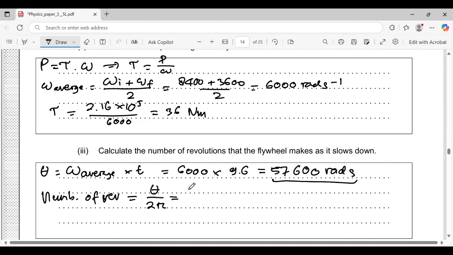It means 57,600 over 6.2832, which is 2 times pi. And the result is 9,170 revolutions.